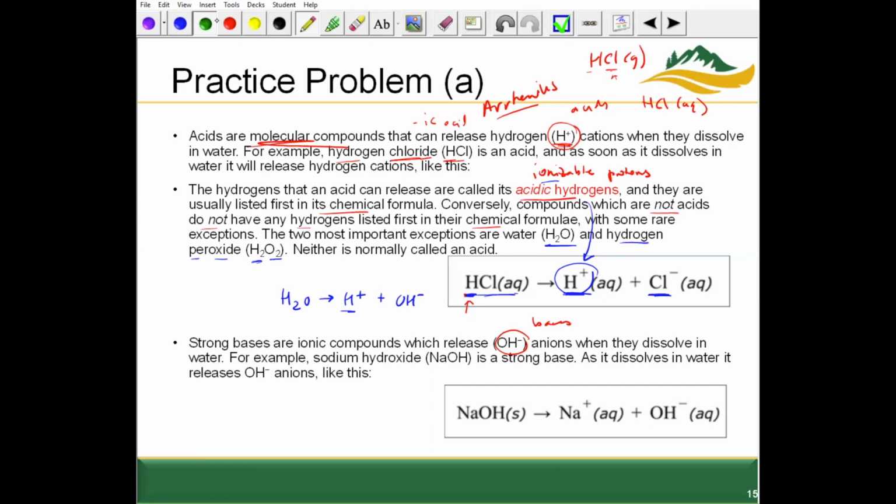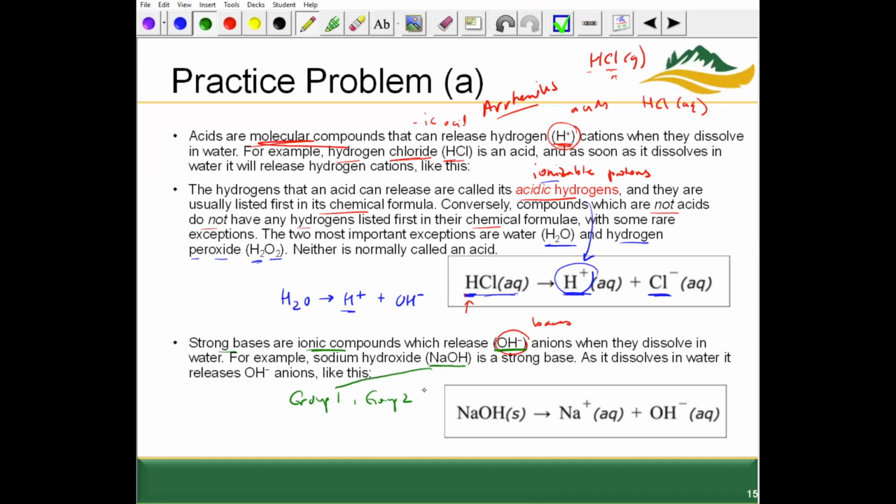Strong bases are a good refresher too. Strong bases are ionic compounds. Remember we looked at those bases in group 1 and group 2. These are ionic compounds which release hydroxide anions when dissolved in water. For example, sodium hydroxide. Sodium we know is in group 1.